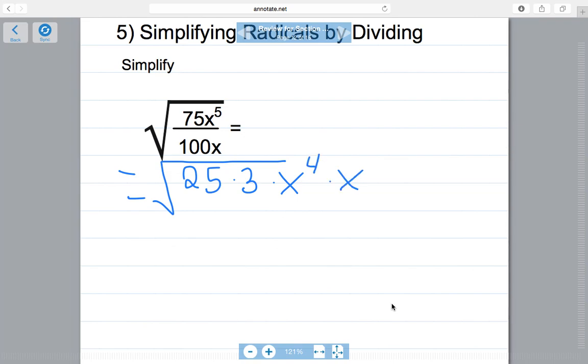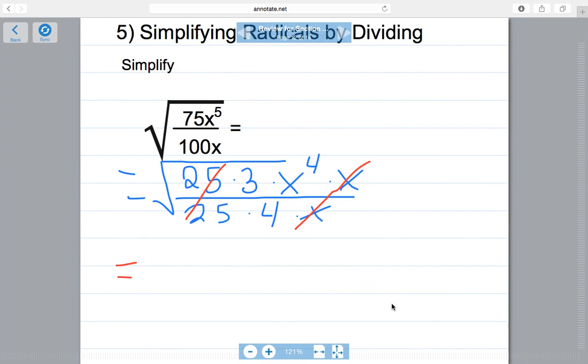That gives me my numerator. The bottom I can rewrite it as 25 times 4 times x. Now from here I can start simplifying. So 25 divided by 25 is just 1, so that goes away. X divided by x also goes away.